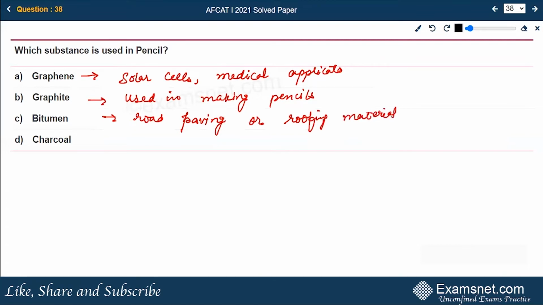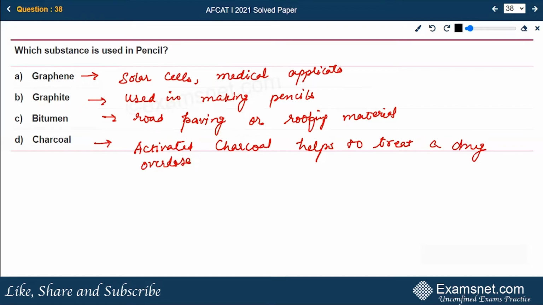Then charcoal. Activated charcoal is very beneficial. Activated charcoal helps to treat a drug overdose or a poisoning.